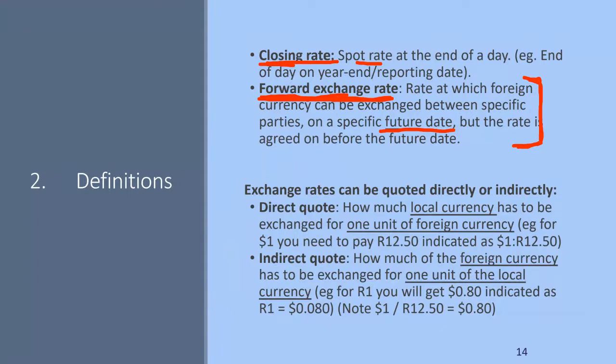So what does this mean, the direct quote? The direct quote means you say, I need so many rands to buy this foreign currency.